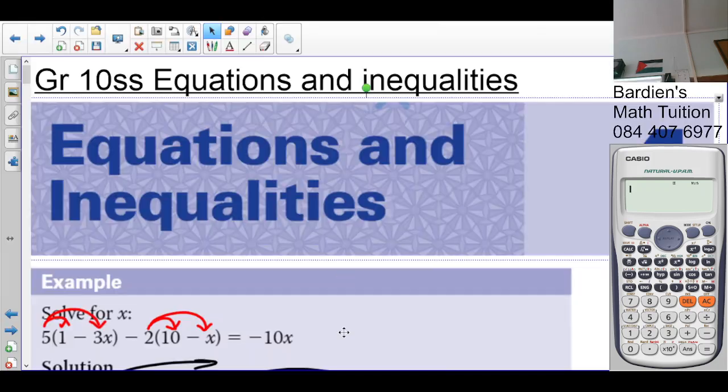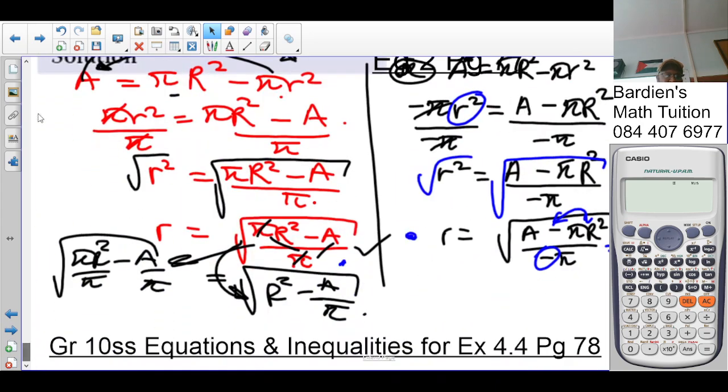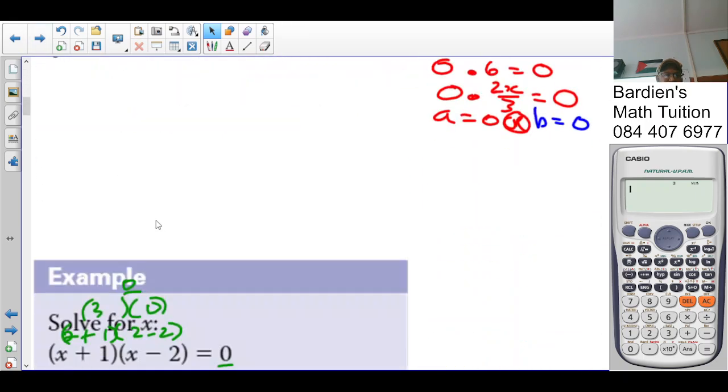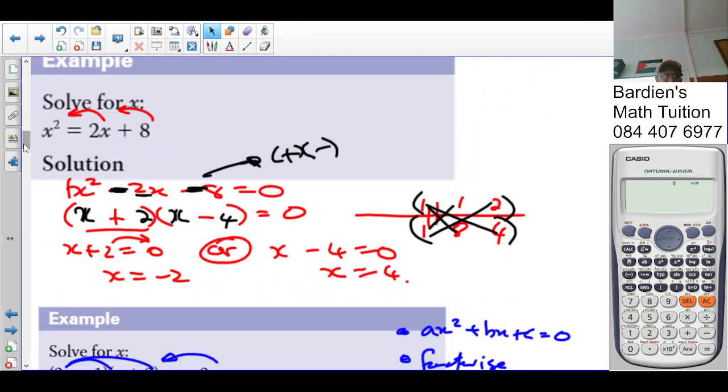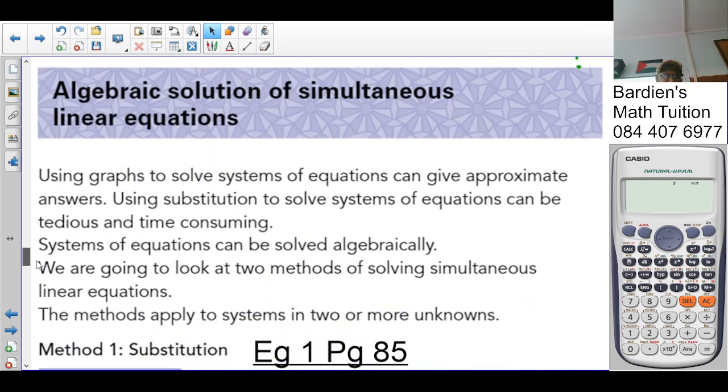Okay, good morning class. So today we're looking at equations and inequalities, and we have completed yesterday's exercise 4.9. Okay, so we wrapped up simultaneous equations.